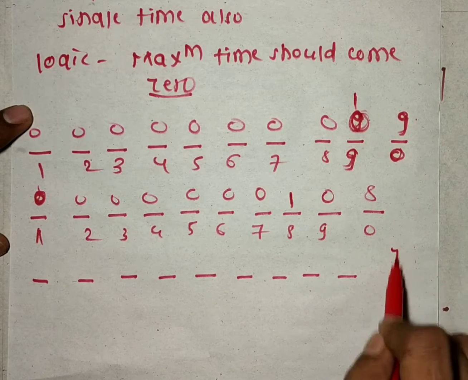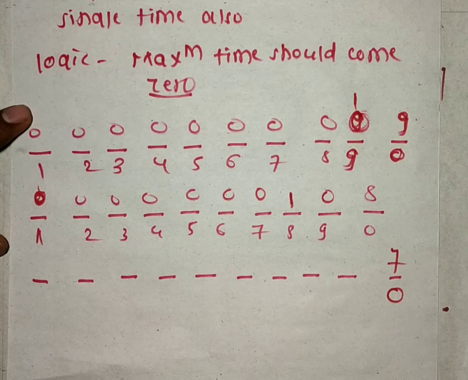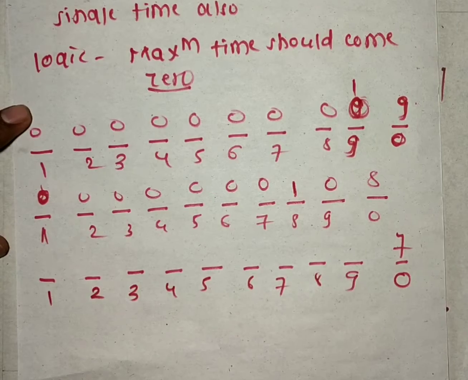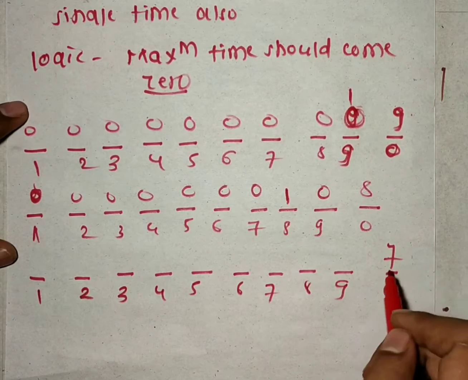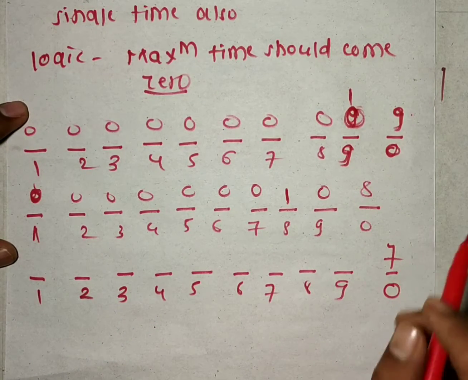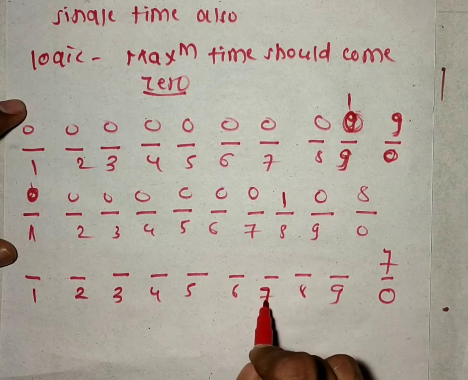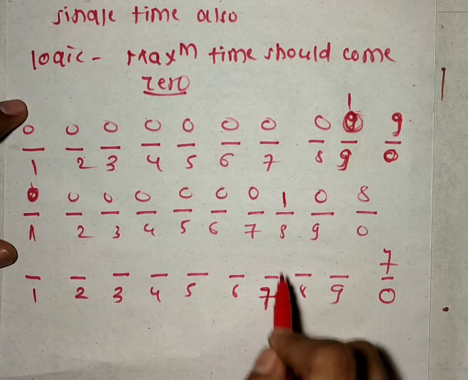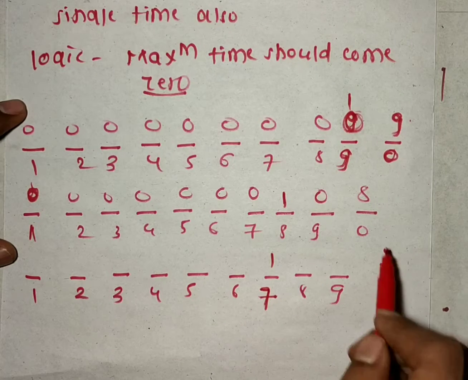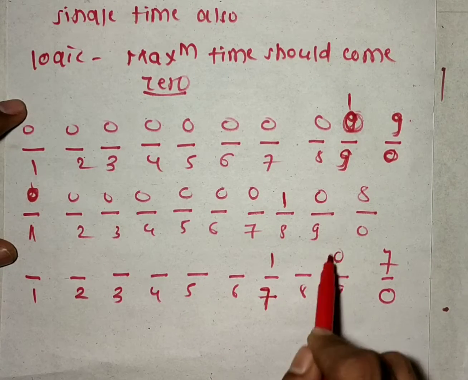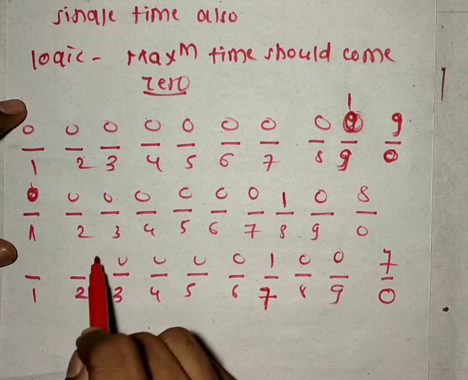If I say the 0 comes for the 7 times, then what will happen? Let's see. 7 I have already written here, as I wrote the 7 for the 1 time. So 0 is going for the 7 times, that's why 0 should come 7 times.